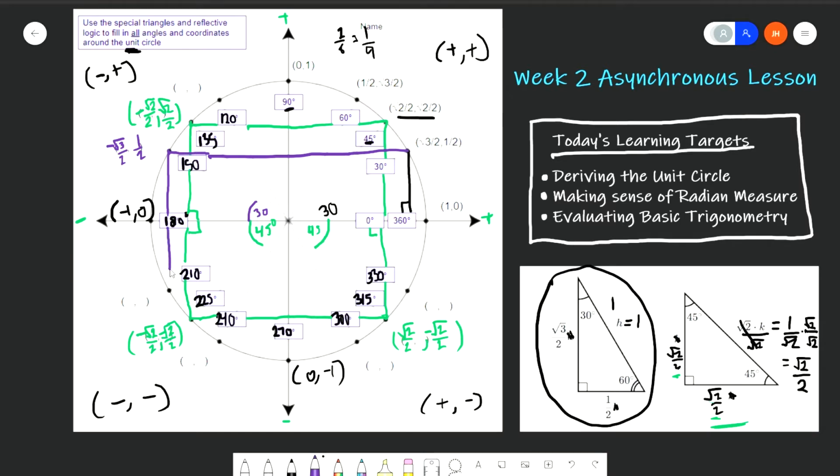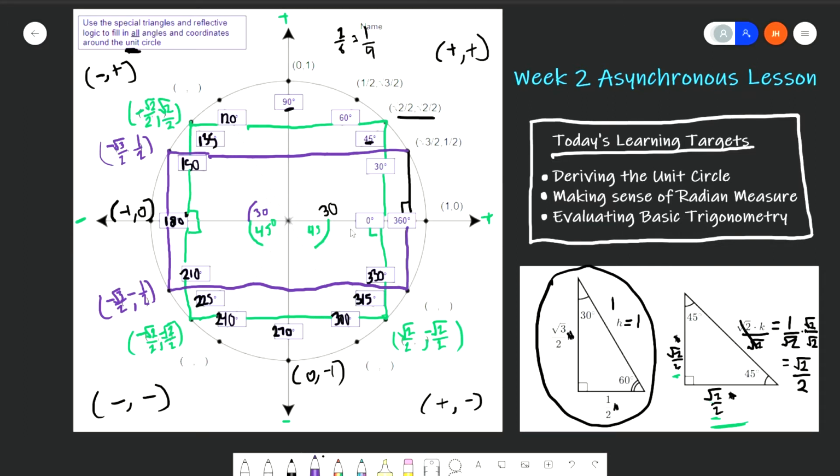Over here at 210, that is 30 degrees more than 180. It is negative, negative, so it's going to be negative root 3 over 2, comma negative 1/2. And then finally, across here, 330. That's a 30-degree angle less than 360, right?